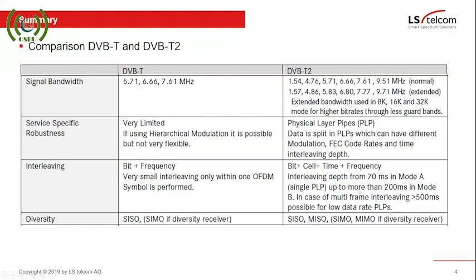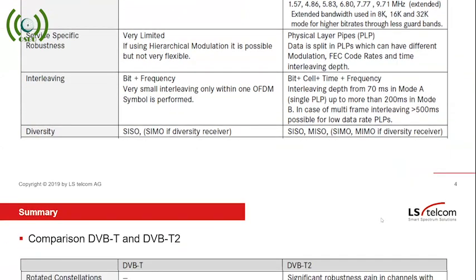And then if you look at T2, interleaving depth is from 70 milliseconds in mode A, single PLP, up to more than 200 milliseconds in mode B. Okay, and then also if you look at SISO and SIMO, which is available for the receiver on T1, and with T2, you've got also SIMO and MIMO available for the diversity receiver.